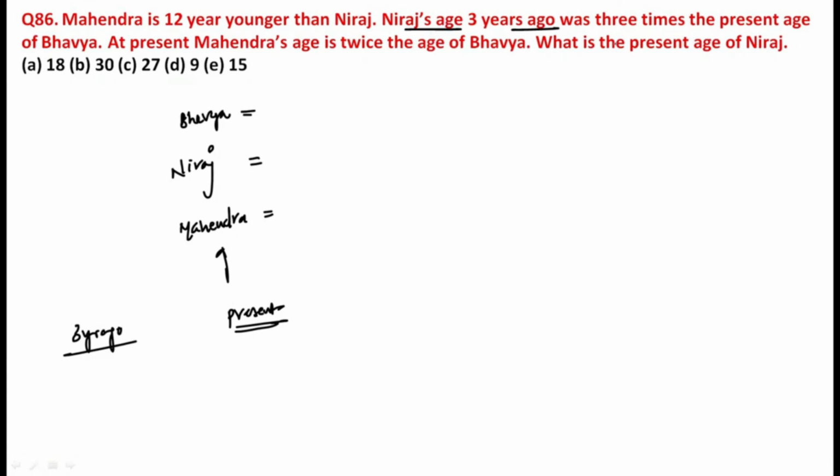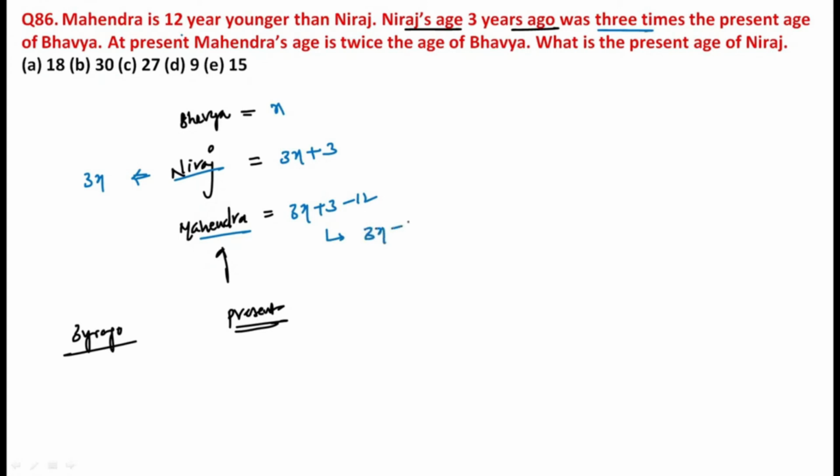Neeraj's age 3 years ago was 3 times the present age of Bhavya. Present age of Bhavya is X. Neeraj 3 years ago was 3x, so the present age is 3x plus 3. Now Mahindra, when compared to Neeraj, is 12 years younger. 12 years younger means 3x plus 3 minus 12.